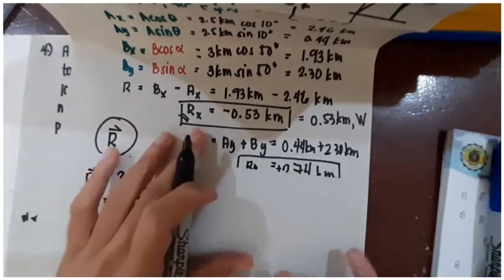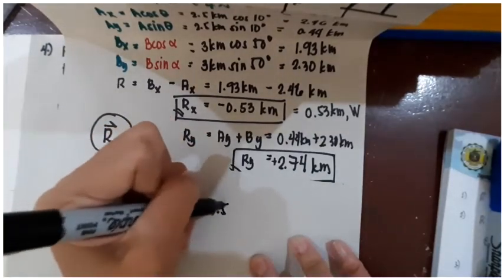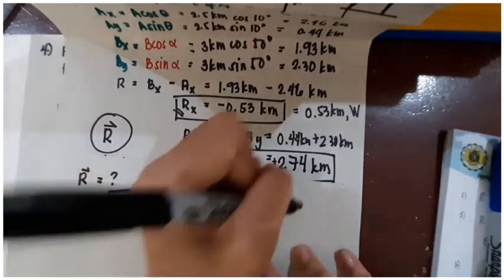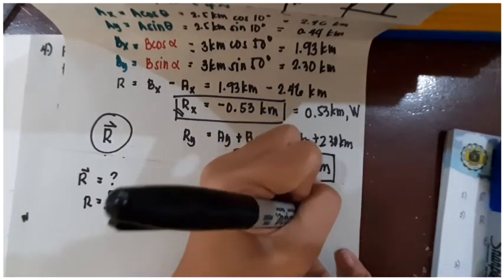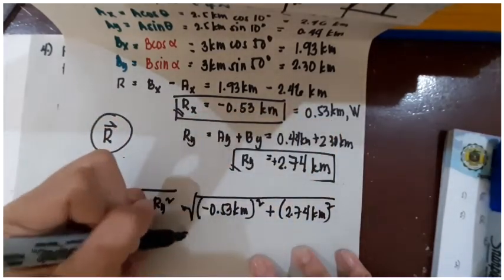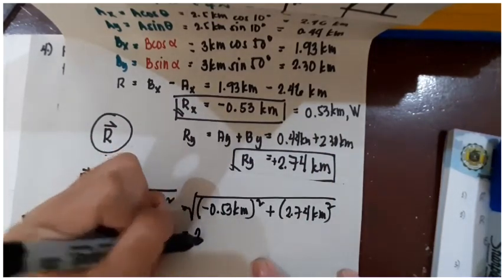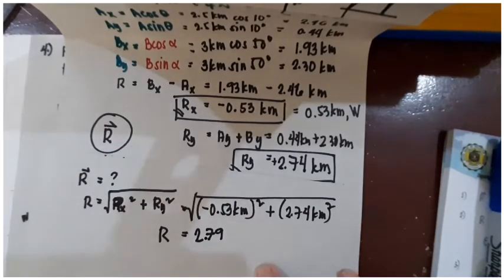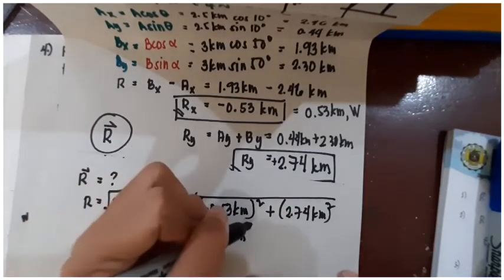Okay, so you have here your negative 0.53 km squared plus 2.74 km squared, and then square root, you will get R is equal to 2.79 kilometers. Okay, so this is now your magnitude.